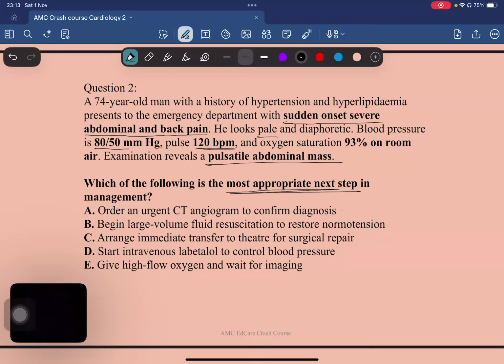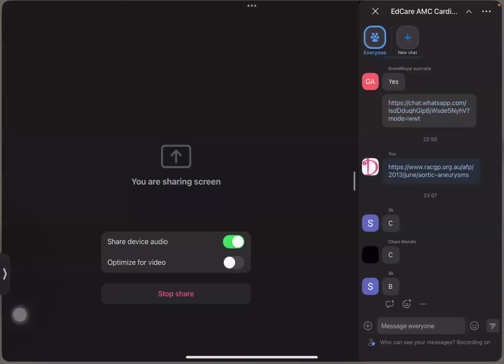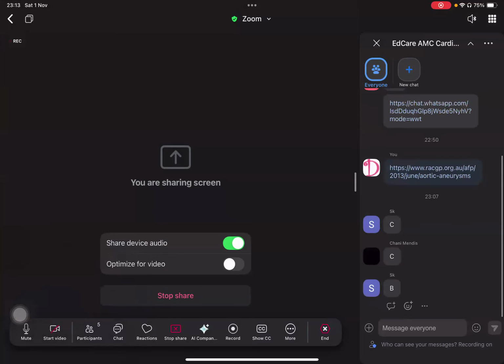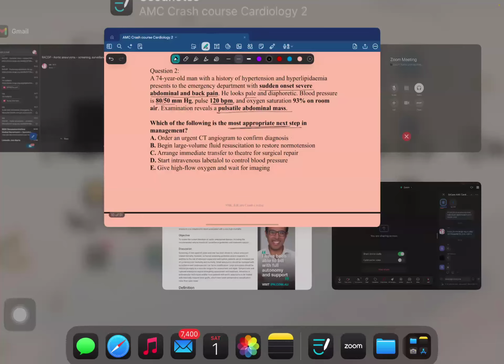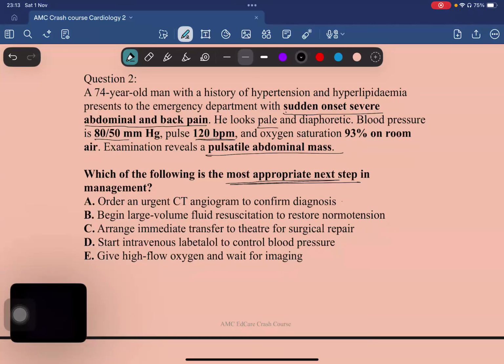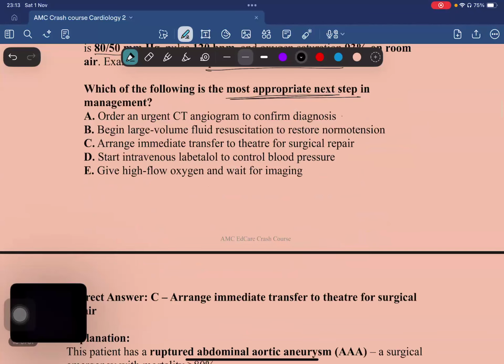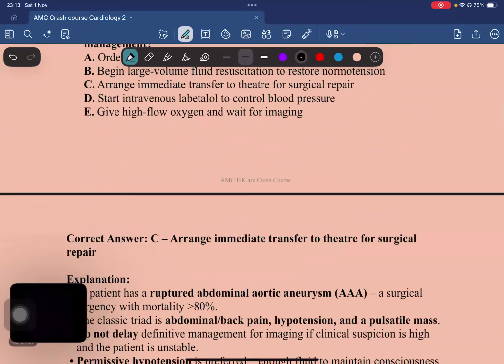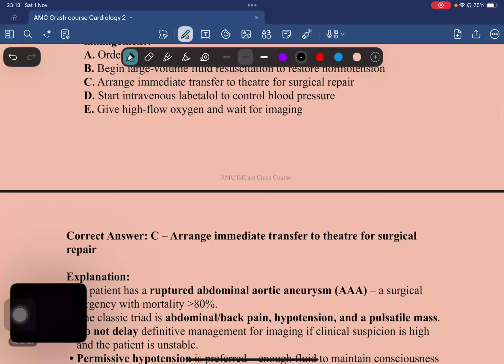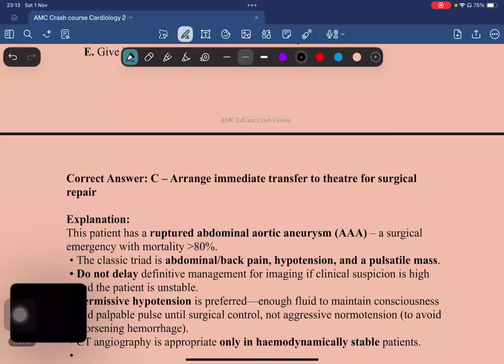For me, it would directly indicate surgery. So let's see. Oh, yes. So the answer is arrange immediate transfer to theater for surgical repair.